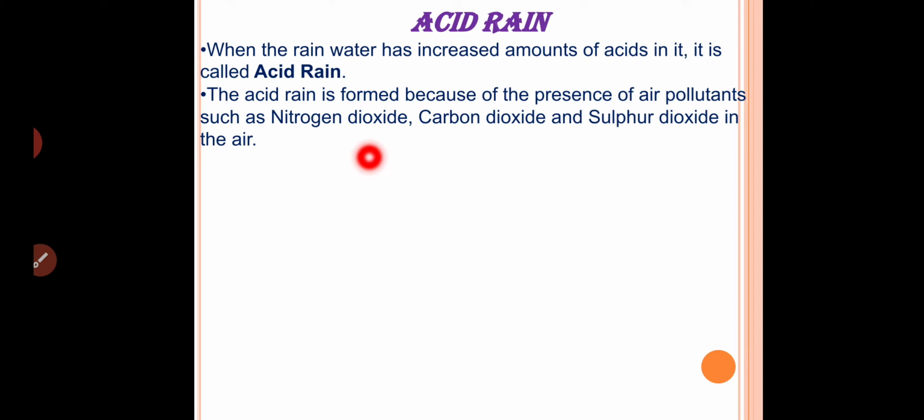So how will these pollutants come? Nitrogen dioxide, carbon dioxide, sulfur dioxide, how are they coming into our nature? Because we are using vehicles, electrical materials, fridges, washing machines, air coolers, right? So these all are producing carbon dioxide, nitrogen dioxide, sulfur dioxide, right?